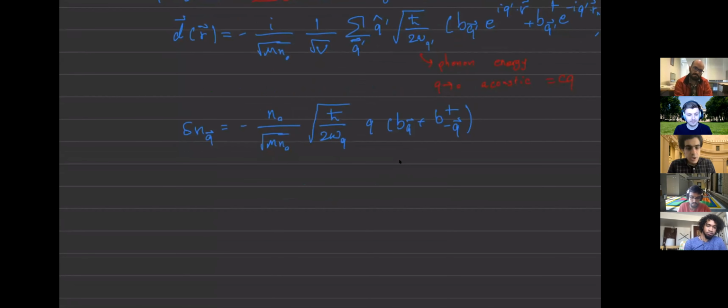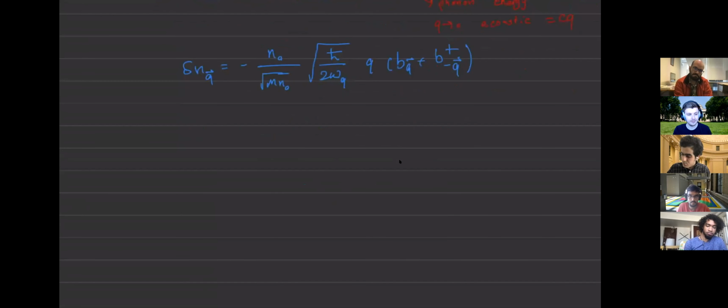Now, putting everything together, what I wanted, now I have, which is an electron-phonon coupling term in momentum space.